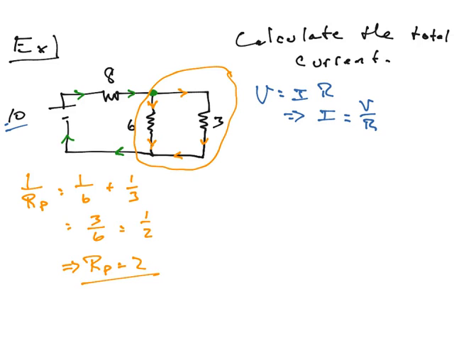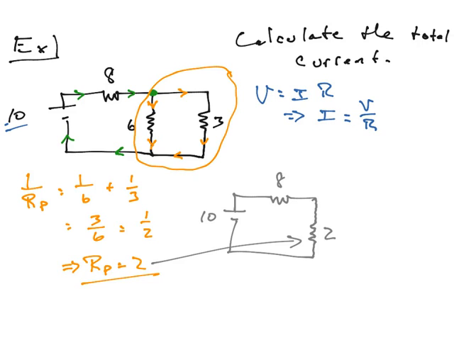So let me do that. Here's the new circuit. The 8 is still there. I'm not messing with him. The 10 is still there. But now, instead of this yellow circled bit of 6 and 3, I'm going to have a single resistor, and that resistance is going to be 2. This 2 that I calculated.